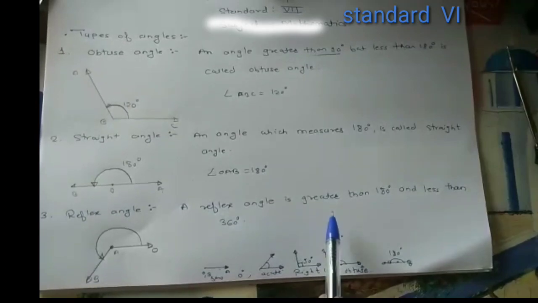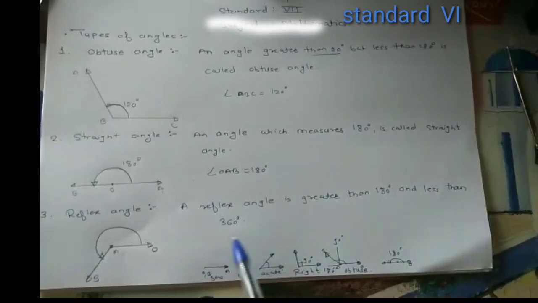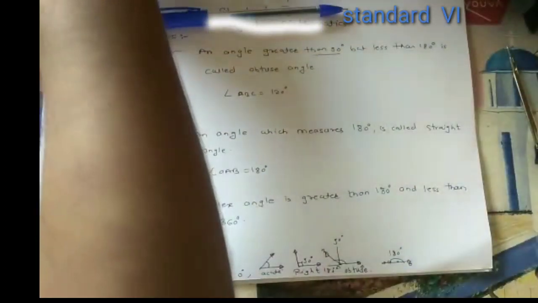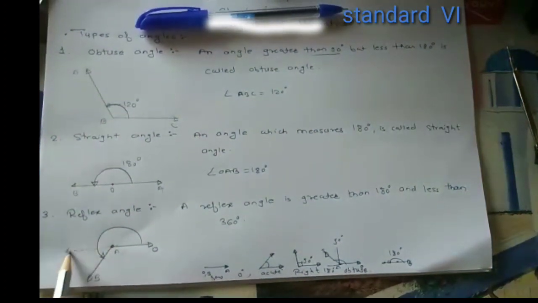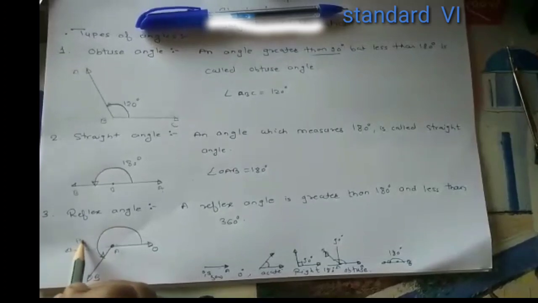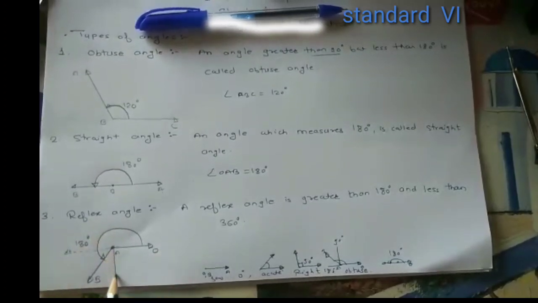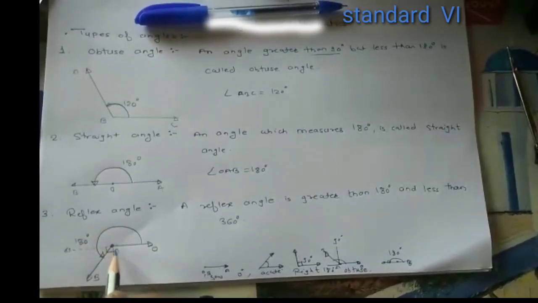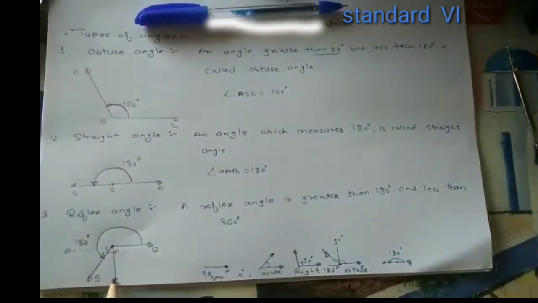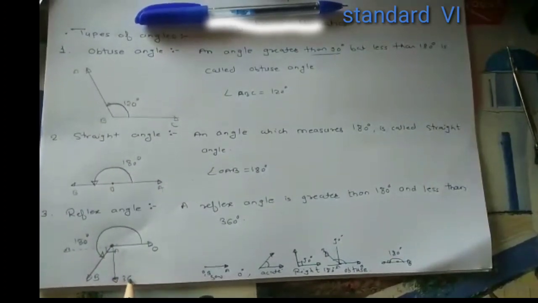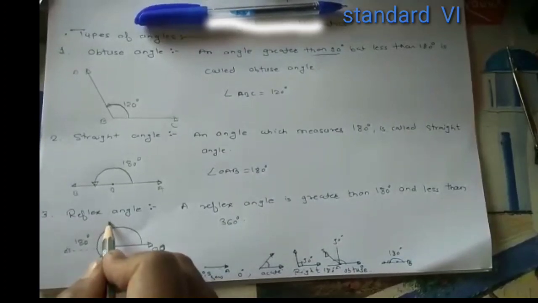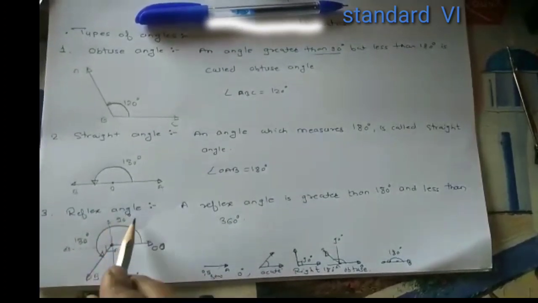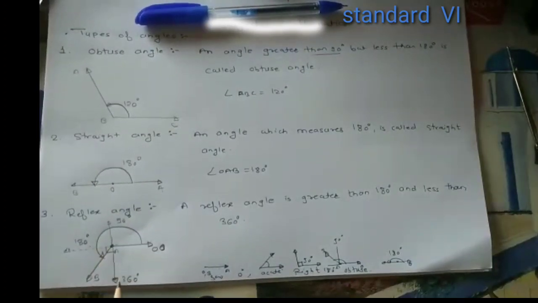It is greater than 180 degrees and less than 360 degrees, because if I draw the straight line here, it becomes 180. Then if I draw here, this becomes 90 degrees. If I add these up to this position, here is 360, 0, then 90 degrees, 180 degrees, 360 degrees.